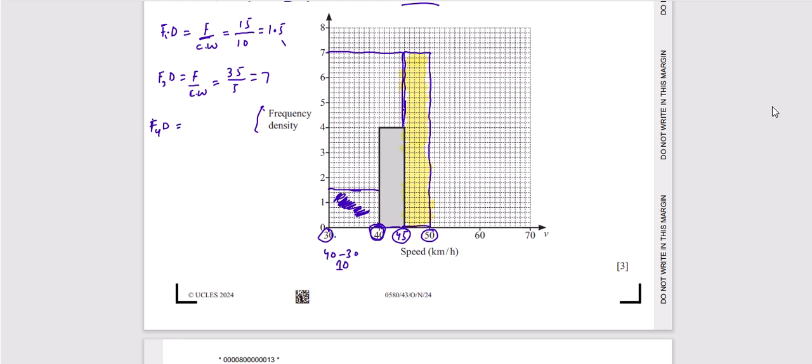F4D is equal to frequency over class width. The frequency is 30 of fourth interval and class width is 70 minus 50, that is equal to 20.